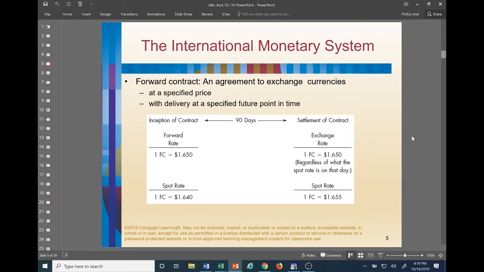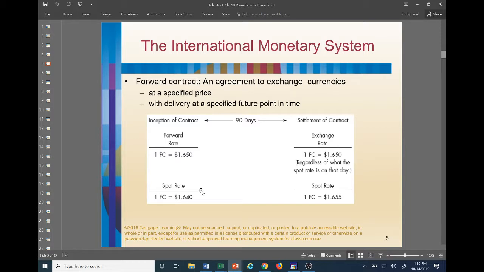Finally, the difference between the original forward rate and the spot rate at inception of the contract is 1.650.164. We can see that right here. So the difference is in the spot rates. Now, the difference between the spot rate at the settlement of the contract and the spot rate at the inception of the contract is going to represent a premium or discount, which is traceable to a number of factors.